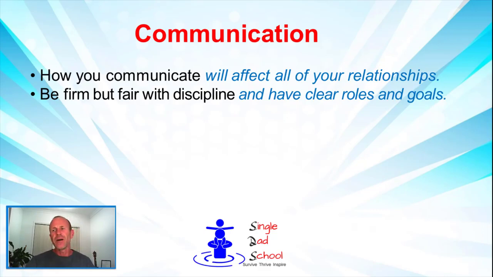Roles and goals now. Make sure you're clear and concise with what you expect of your child. You don't want to be ambiguous, so make it clear, with responsibilities and who's accountable for what and what they've got to do, and then they'll know what's expected of them. Don't just be all wishy-washy, as I mentioned before about being wishy-washy as a dad or a parent.